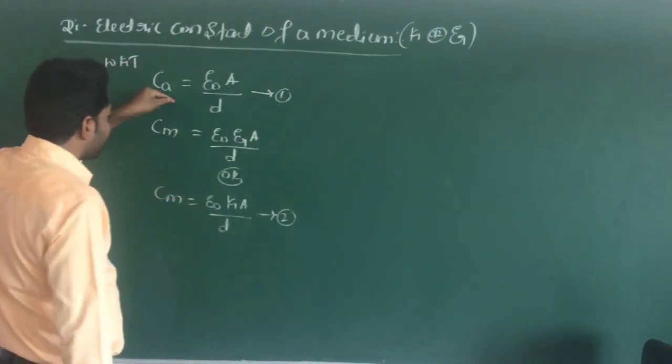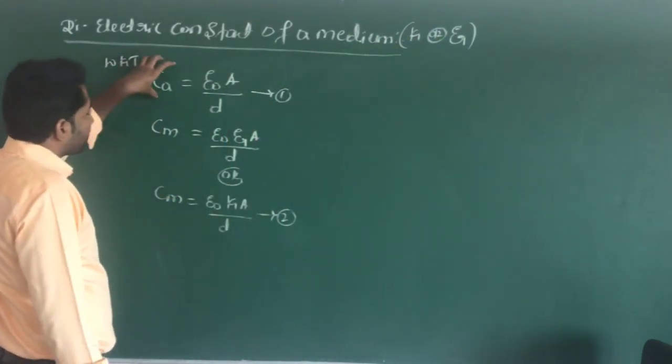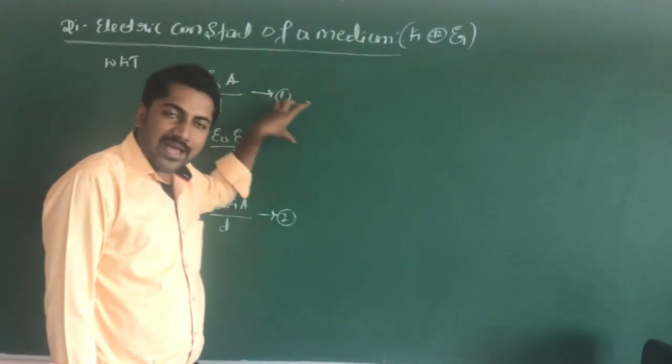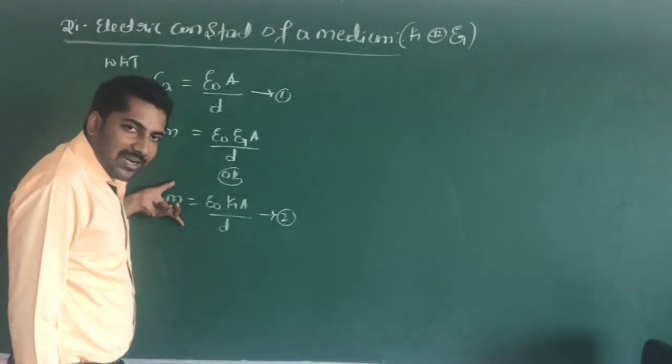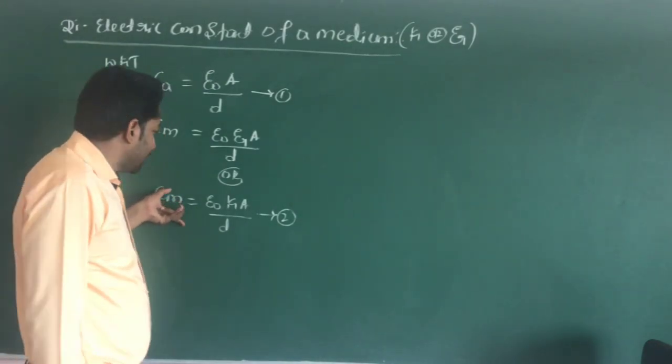Now dividing equation 2 by 1. Here equation number 1 is the capacitance of a capacitor in air, and equation 2 is the capacitance of a parallel plate capacitor with a dielectric.